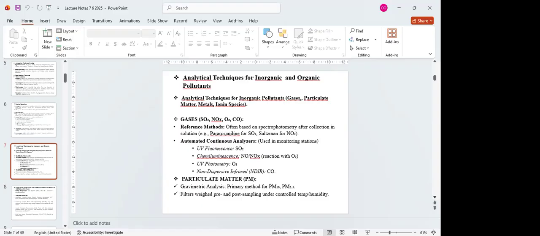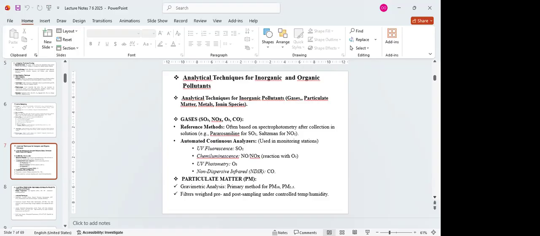Then we have the UV photometry. UV photometry is deployed for ozone detection, while the non-dispersive infrared is suited for carbon monoxide.